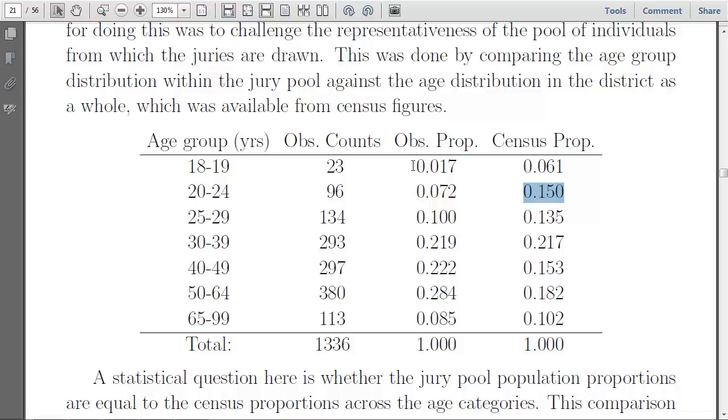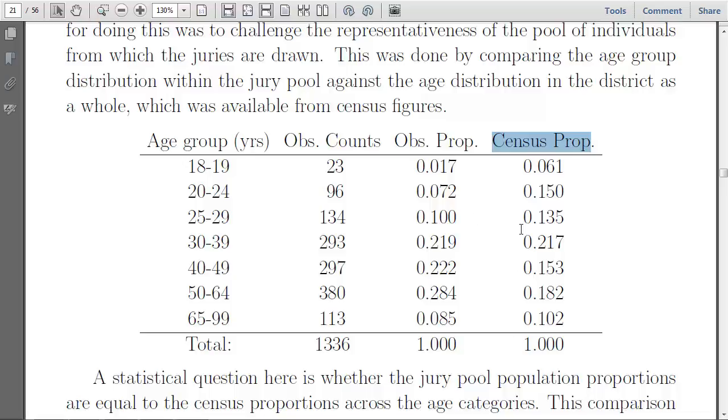So we want to know, do these pairs of numbers equal each other between what we observed and what we expect? Okay, so we have 7 proportions that we're testing simultaneously. And we could find evidence that the data is consistent with the null. So the data here are the observed, and the null is the census proportions, in which case that says that all these 7 pairs of proportions are equal.